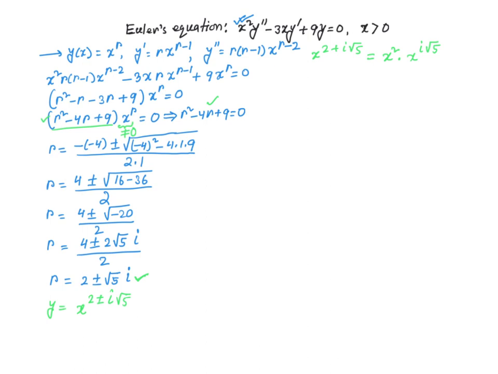Now that I could further simplify to the following: x squared times, now this x to the power i times square root of 5, I'm going to rewrite it as e to the power ln of absolute value of x times x raised to the power i times square root of 5.